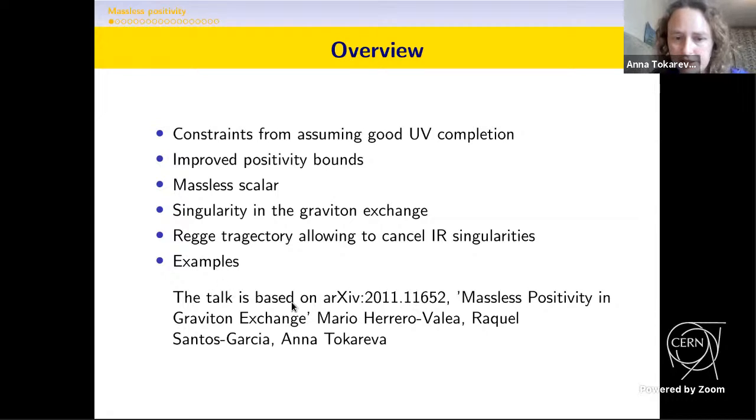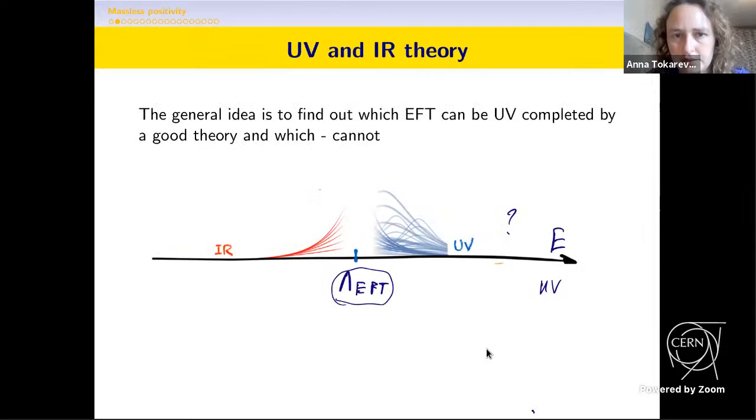The talk is based on my recent work done in collaboration with Mario Herrera Valle and Raquel Santos Garcia. The basic idea behind this work is that if we have an infrared theory and an ultraviolet theory, normally we know very well what our infrared theory is. We can compute scattering amplitudes. We have a Lagrangian for this theory, can find classical solutions, but not all infrared theories can have a good UV completion.